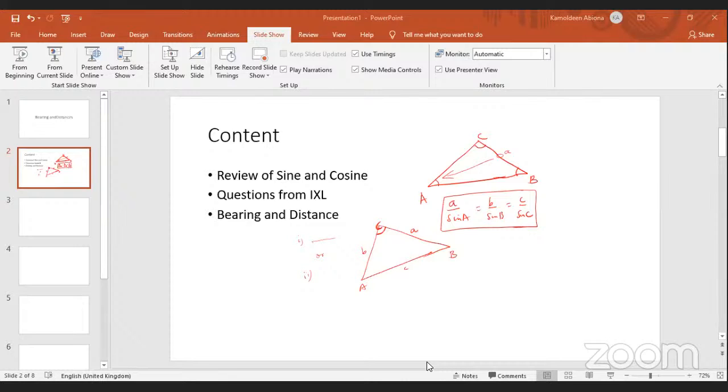Under geometry, you see trigonometry, that's letter R. In letter R, when you see trigonometry, you see solve triangles. Let me quickly reshare my screen so that we can see what I have here.